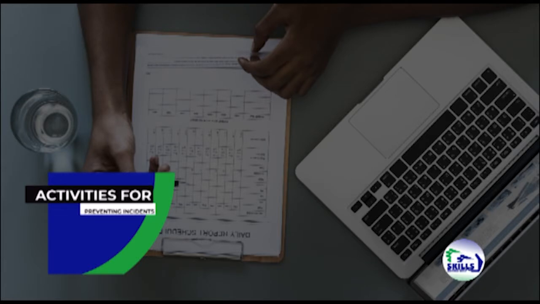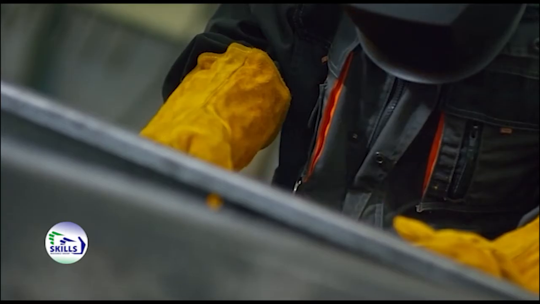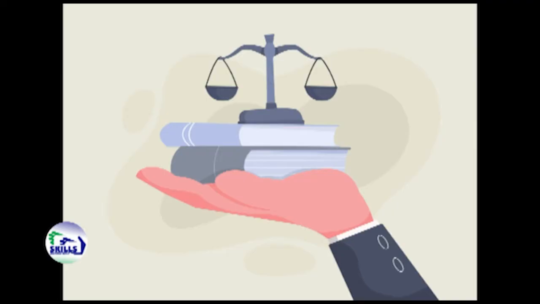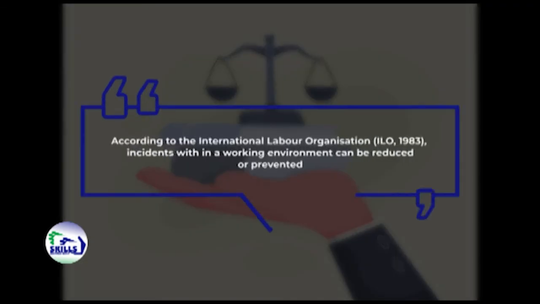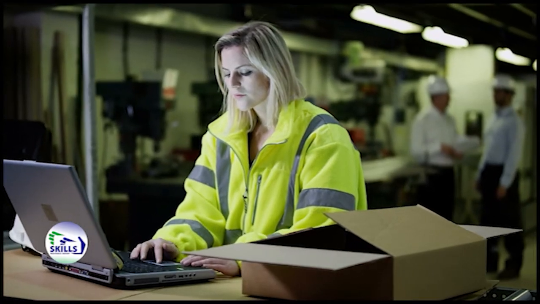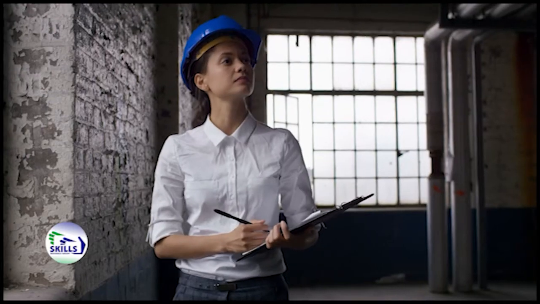Activities for preventing incidents. When an incident occurs, the entire organization may be affected. According to the International Labour Organization, ILO 1983, incidents within a working environment can be reduced or prevented by means of the following: regulations, standardization, inspections.